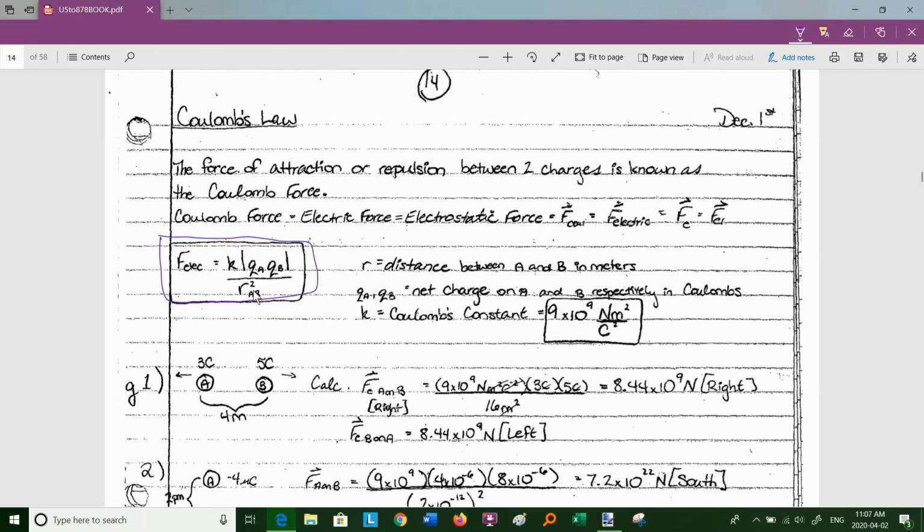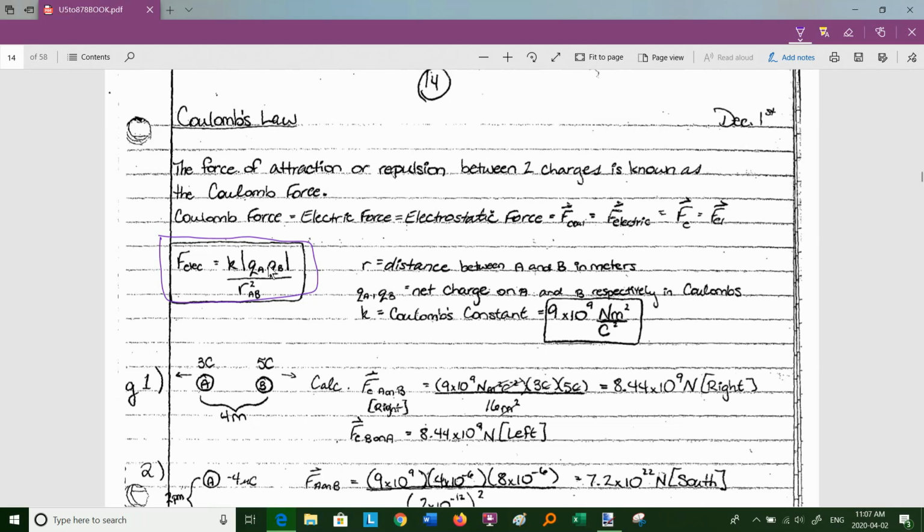Okay? So here we see the equation. The electric force is K, known as Coulomb's constant, which is 8.99 something or other. We round it to 9 times 10 to the 9 newton meters squared per coulomb squared, times the charge on A in coulombs times the charge on B in coulombs divided by the distance in meters between them squared. So the greater the charge, the greater the force.